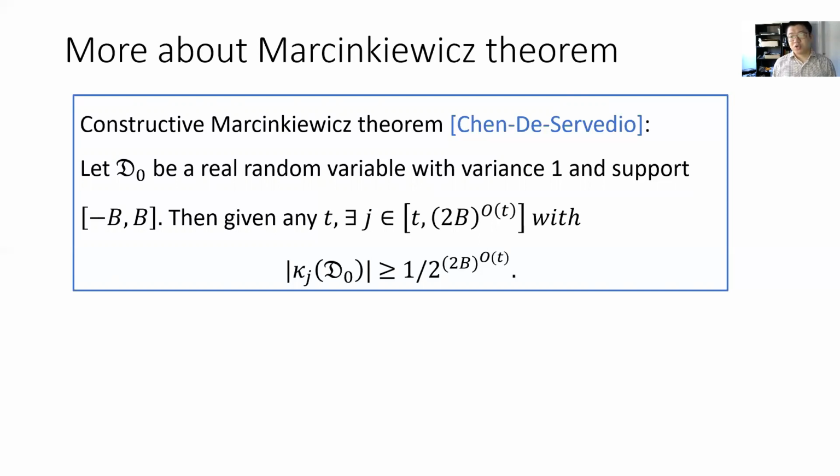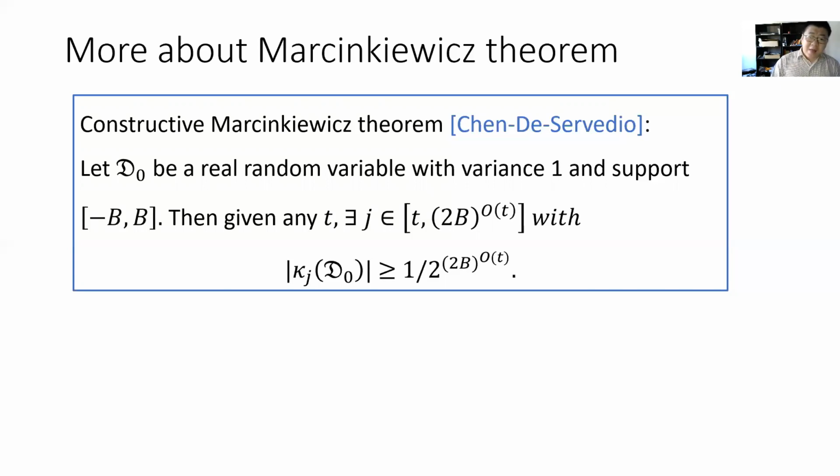Let D0 be a real random variable with variance 1 and support from -b to b. So b is a way to measure how far D0 is from Gaussian distributions. Then given any threshold t, if you ask me where is the next large non-zero cumulant, we can find one that is at most exponentially large in t with base b, such that the jth cumulant of D0 is at least double exponentially small in t.